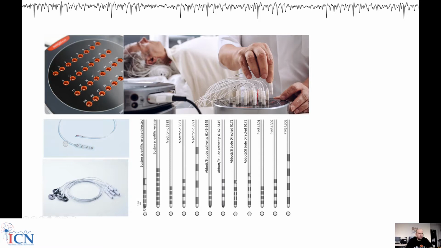The larger the contact, the lower the impedance, the higher the amplitude that you get, or the bigger the electric field that you cover. That means that in these smaller contacts, you may not get the same amount of signal when you record compared to these larger contacts.